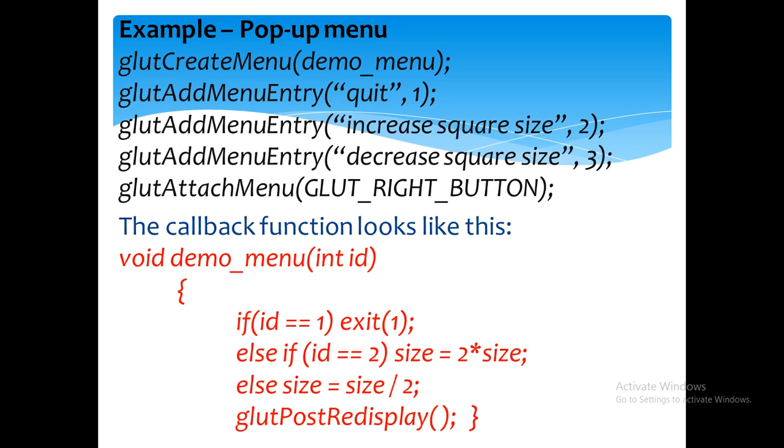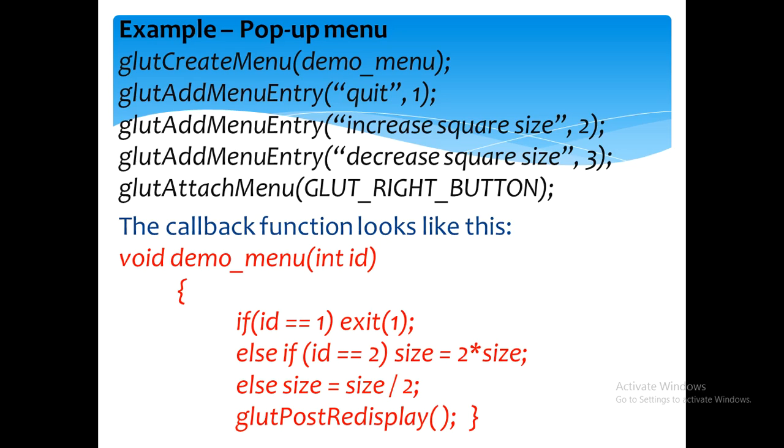Then glutAddMenuEntry, decrease size. So 3 options. We are going to create one demo menu. In that demo menu, the sub options are Quit, Increase the square size, Decrease the square size. Quit ID is 1, increase square size ID is 2, decrease square size ID is 3.